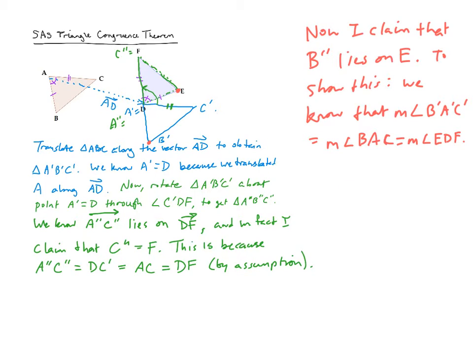Those have the same measure. So I know that this segment here at least has to end up on this ray. So the side A double prime, B double prime, must land on the ray from D through E, okay?